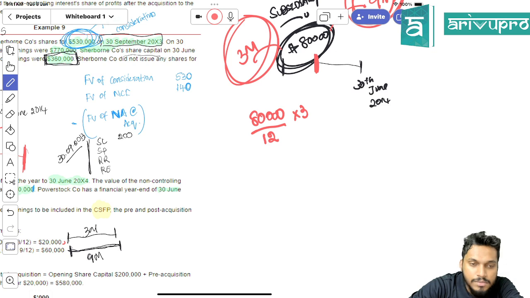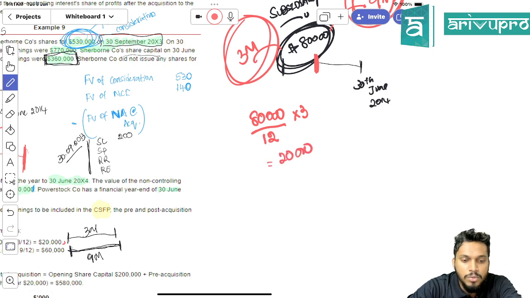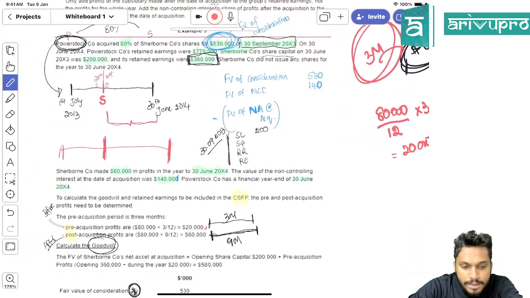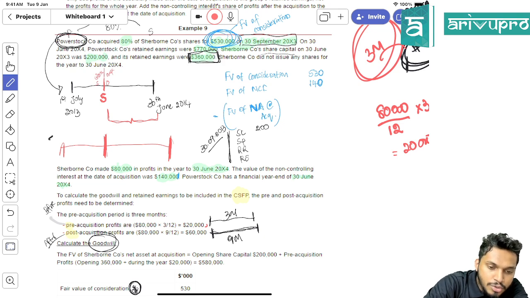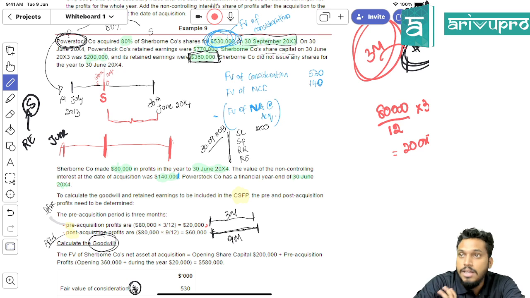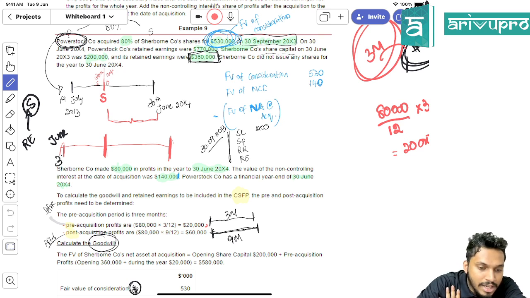Did you get 20,000? Yes. Now, you know that up to 30th June, I'm talking about the retained earnings of subsidiary, okay? Retained earnings of subsidiary. Up to 30th June, it was 360,000.